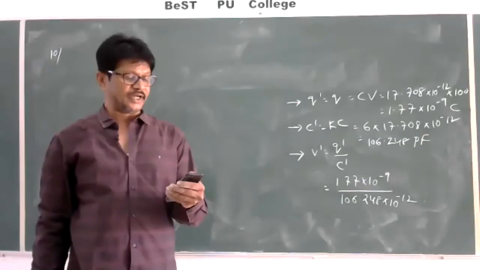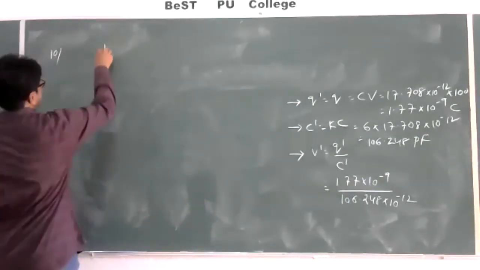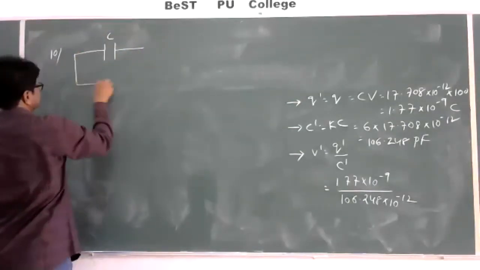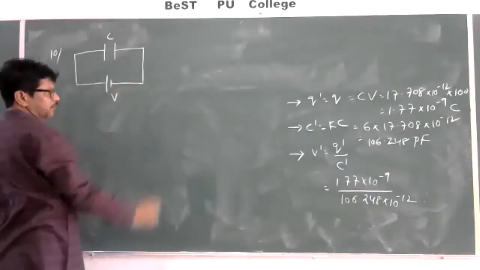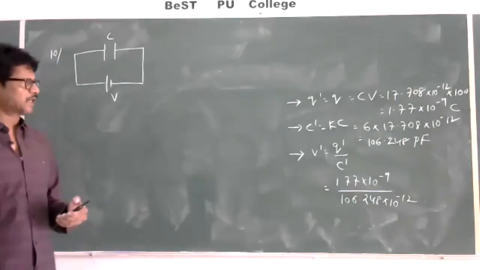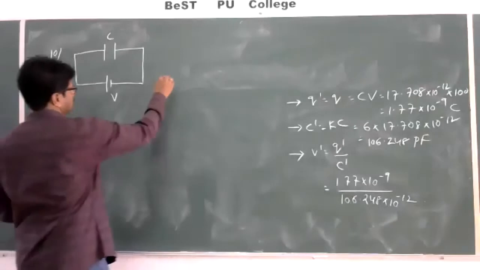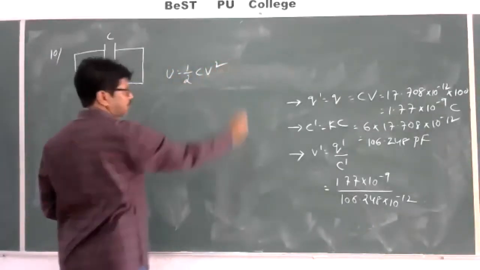How much electrostatic energy is stored in the capacitor? A capacitor is connected to a battery of potential difference V. Then how much electrostatic energy will be stored? The formula to find the energy stored: U is equal to half CV square.